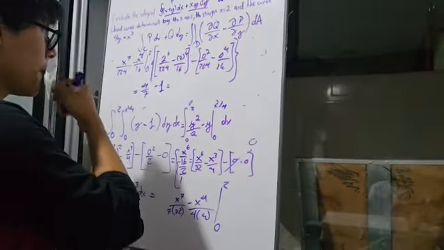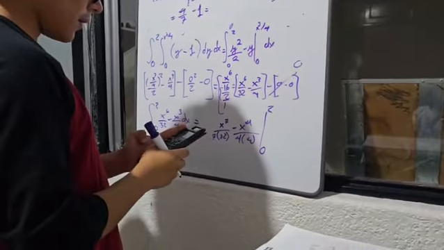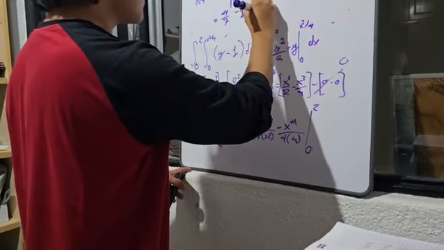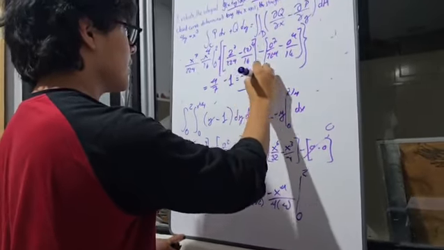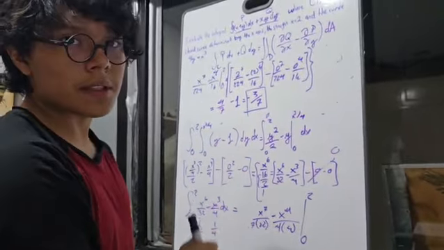So this is going to be minus 3 sevenths, and this is our result: minus 3 sevenths.